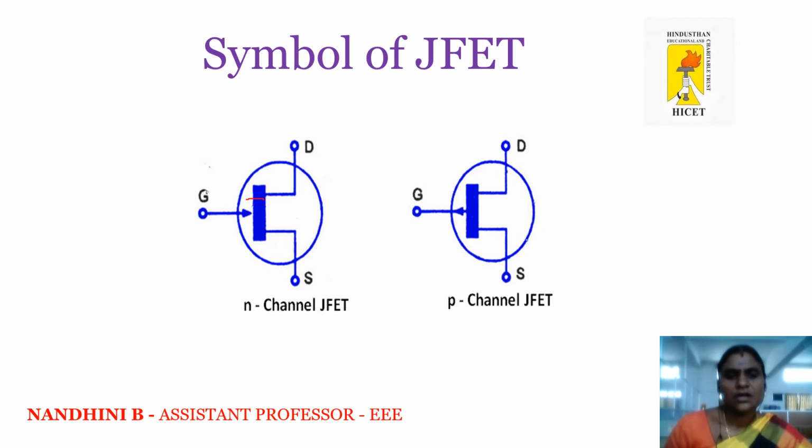In the N-channel, the arrow is moving towards the channel, whereas in the P-channel the arrow is moving out of the gate. This is the difference between N-channel JFET and P-channel JFET. With this we can find what type of JFET we are using in our application.